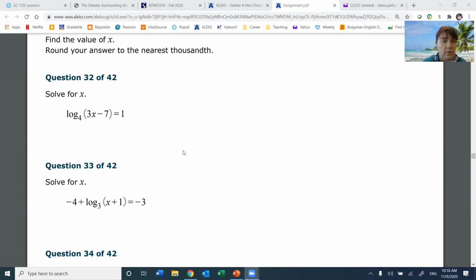Well, write it as an exponent. 4 to the power of 1 equals 3x minus 7. It's one of the simplest ways to do it, just write it as an exponent. Then you just solve it for x.